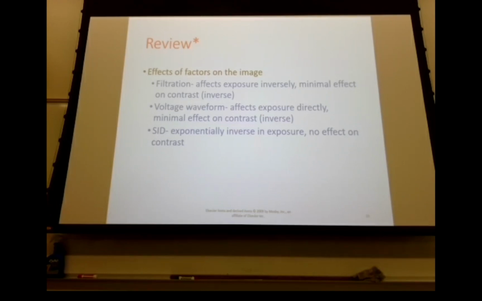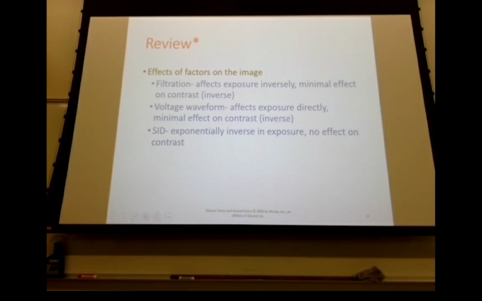Now, if you added filtration that limited the number of x-rays coming out of the collimator housing significantly, like if you added 4 millimeters of filtration, that could have an effect on your image. So again, that though is a lack of photon striking the image receptor.